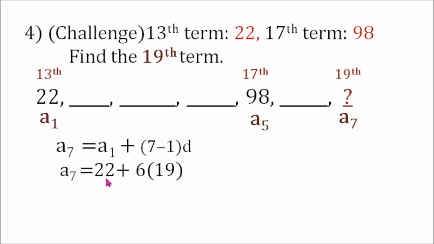Our a sub 1 is 22, and 7 minus 1 is 6, and our d is 19. So simplifying furthermore, we have 22 plus 114. This is the answer when we multiply 6 by 19, and adding 22 and 114, that gives us 136.